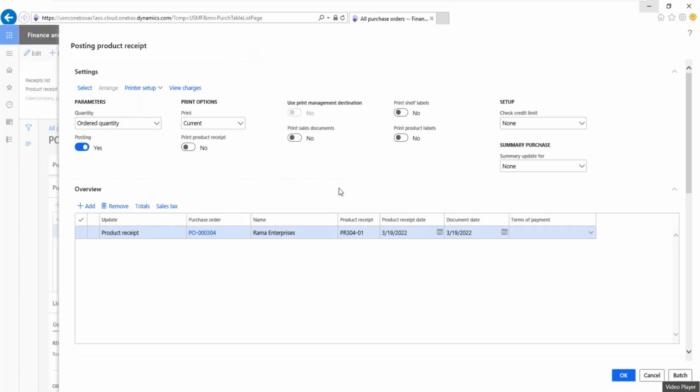Then the escalation mark will be gone. Just a minute. It's gone and the line details are filled.